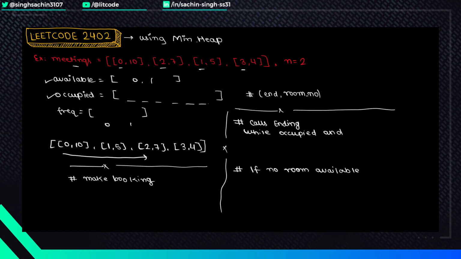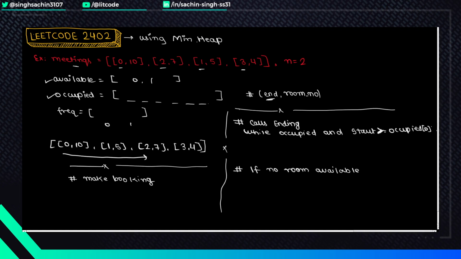I am checking if there is any entry in the occupied heap where my end time is less than or equal to start. By that it simply means that I can assign the current meeting to a room. So you can use that using occupied 0, which will be here.